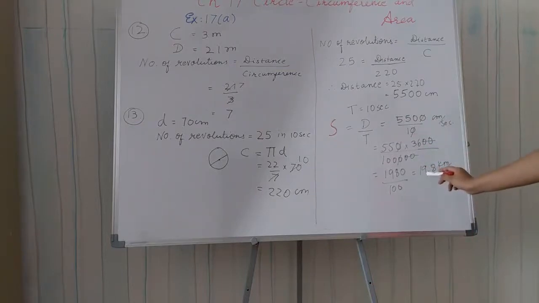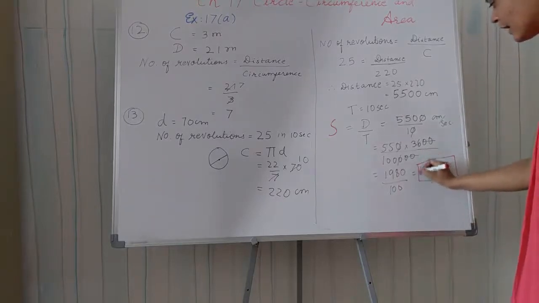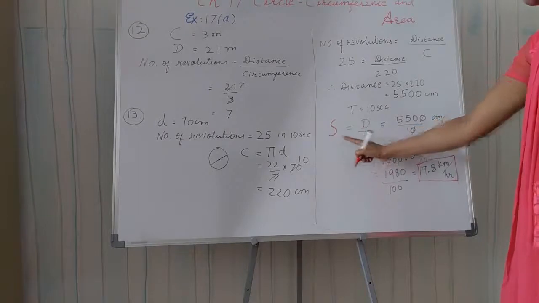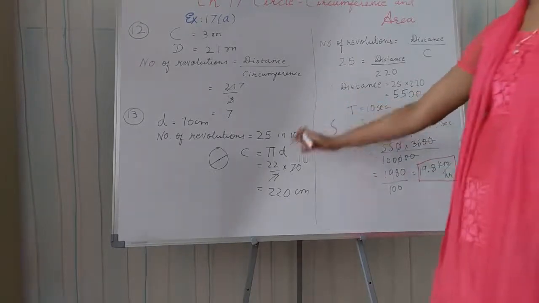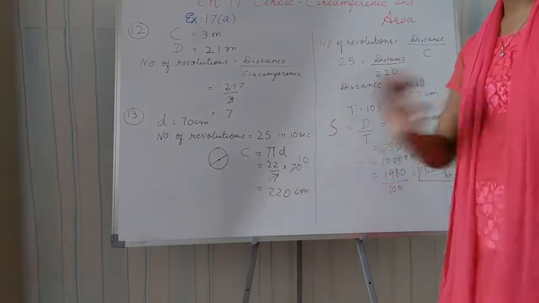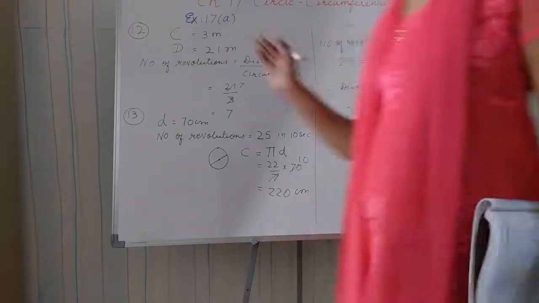So our answer is 19.8 kilometer per hour, which is our final answer to get our speed. This is our speed we found in kilometer per hour. So this is our question number 13. You understand, using number of revolutions and diameter, how we can find the speed of the wheel.